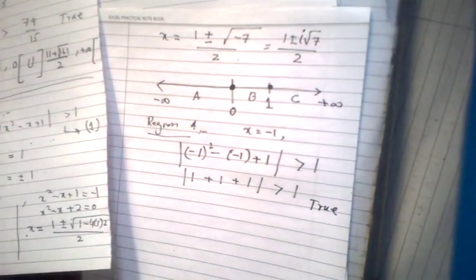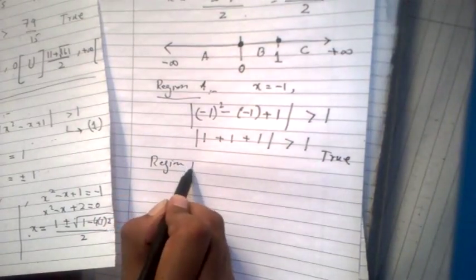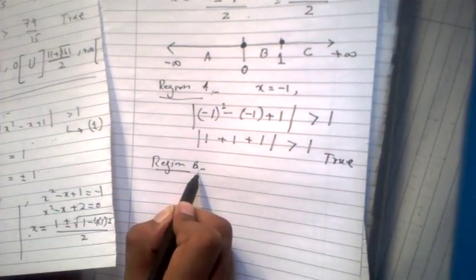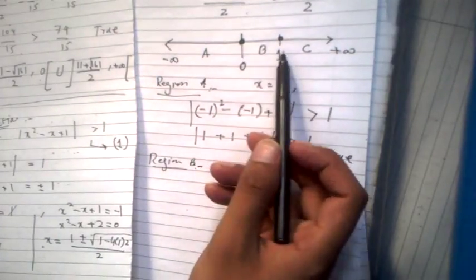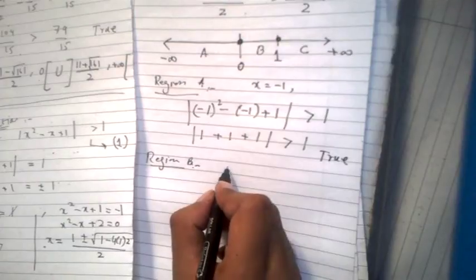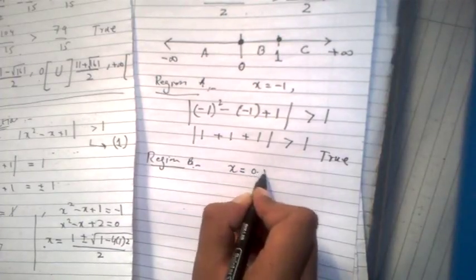Therefore the region A is in the solution. Now you will check region B. Region B is from 0 to 1, so one of the points is x is equal to 0.5.